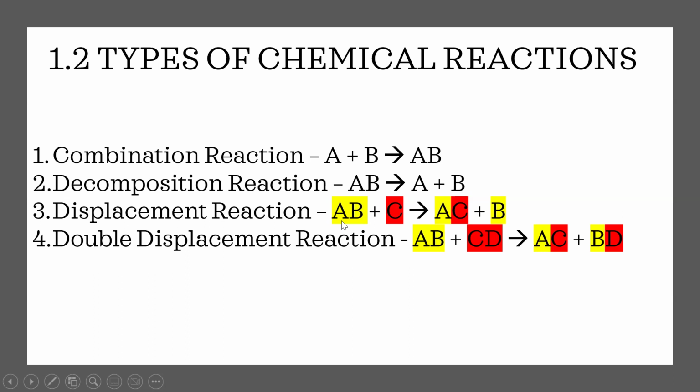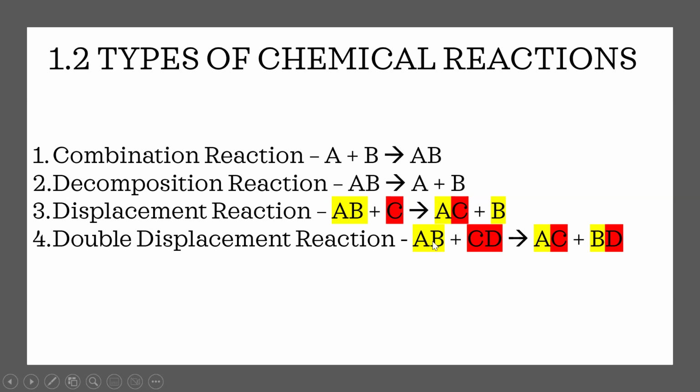See here, a reactant AB reacts with another reactant C and forms AC. See, B is displaced by C. So AC will be formed plus B. Here in double displacement reaction, a reactant AB reacts with another reactant CD. Here displacement will happen twice. Double time the displacement is happening.